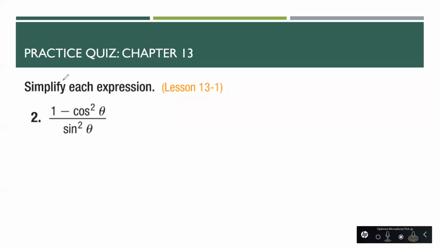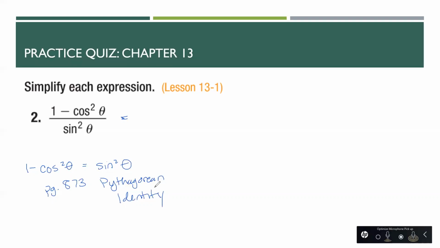Here we go. So we have 1 minus cosine squared theta over sine squared of theta, and 1 minus the cosine squared of theta is equal to sine squared of theta, and that is from page 873, the Pythagorean identity.